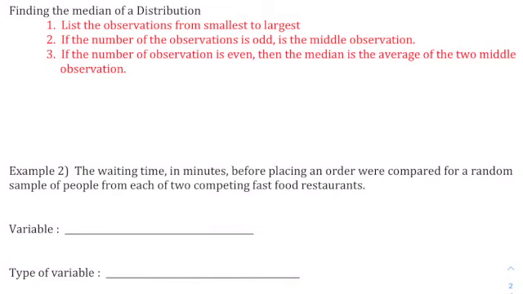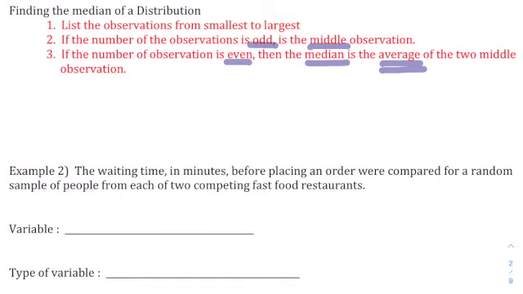If the number of observations is odd, the median is the middle observation. If the number of observations is even, the median is the average of the two middle observations.